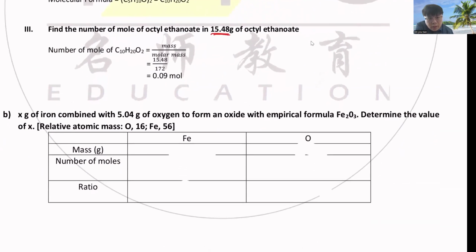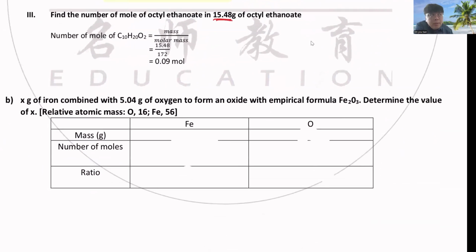Okay, then we try another type. Question B normally comes out in alternative. I very rarely see it in structured essay. So this question is this. They give you the mass. So we write down: Fe is X gram, then O is 5.04. Then they give you the molar mass of O and Fe.